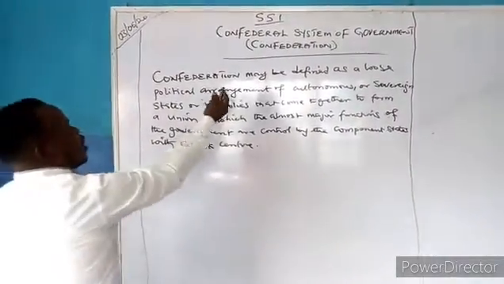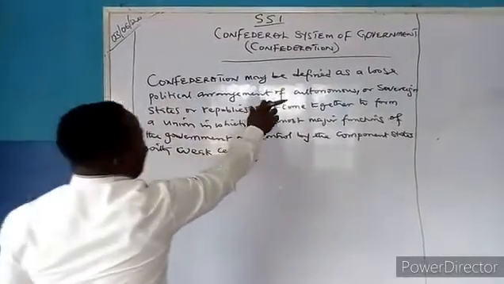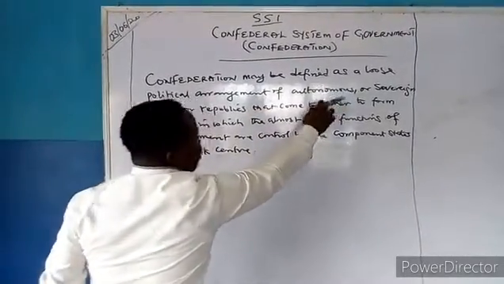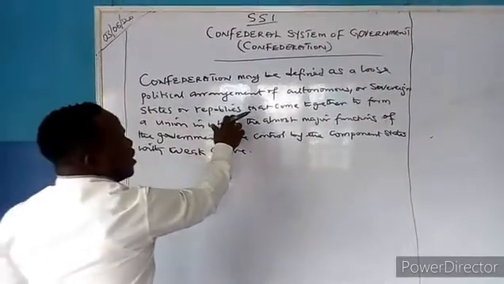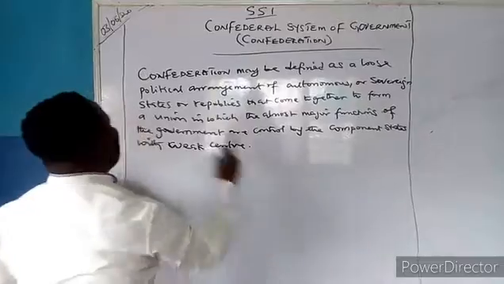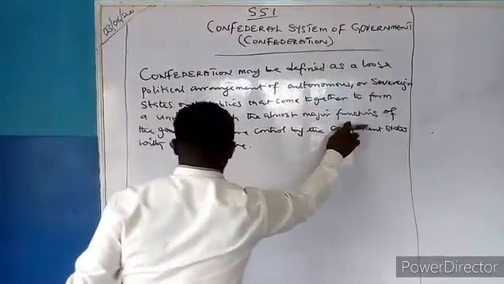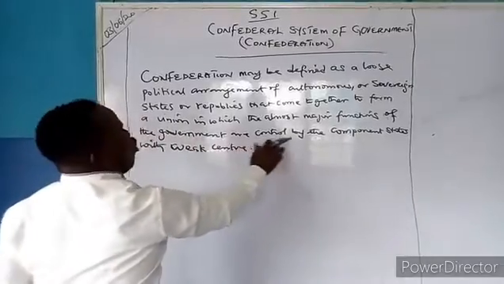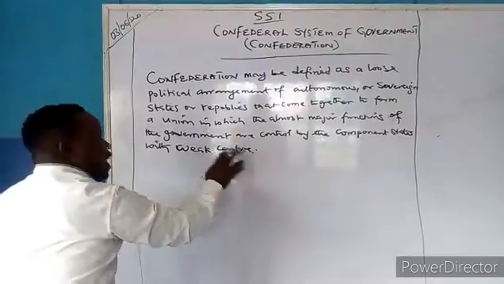We said confederation may be defined as a loose political arrangement of autonomous sovereign states or republics that come together to form a union in which the utmost major functions of the government are controlled by the component states with a weak center.